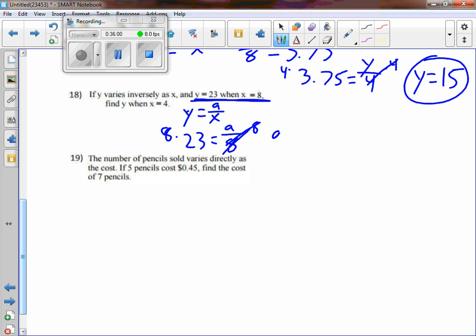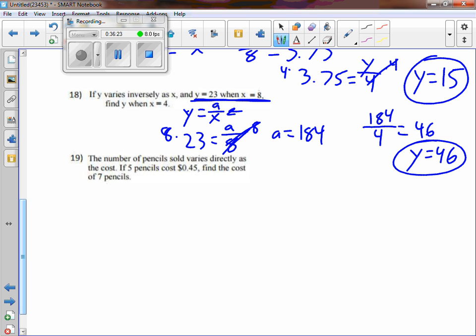We'll get a equals 184. Now we'll take that a, put it back in our formula. We'll get 184 over our new x, which is 4, and that's our new y. Y is 46. And that's your final answer for that one.